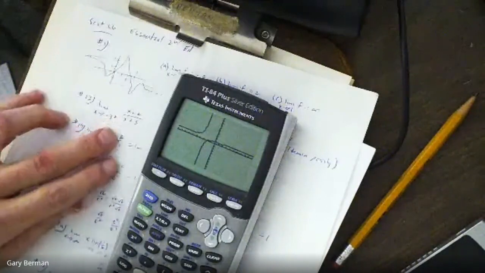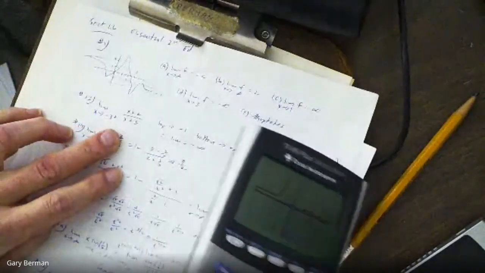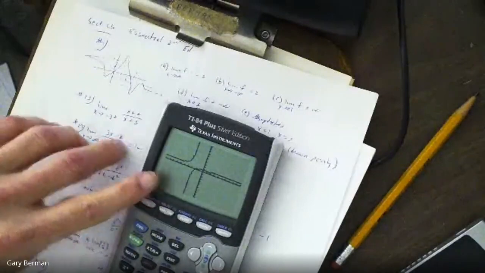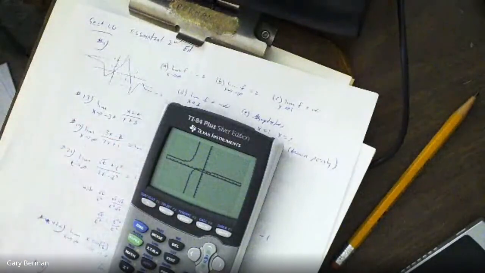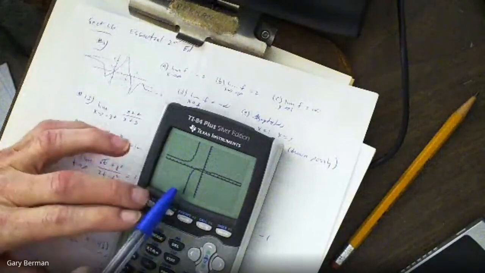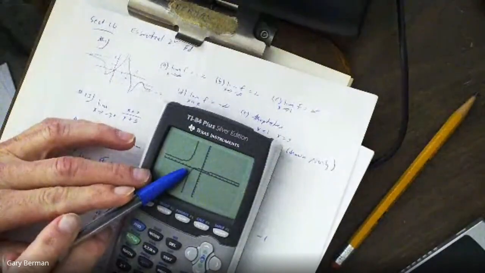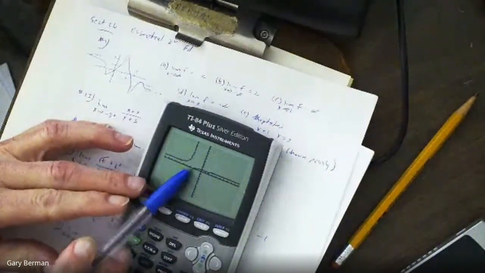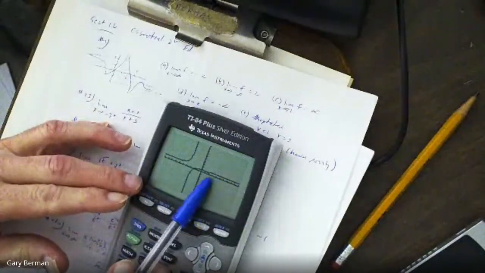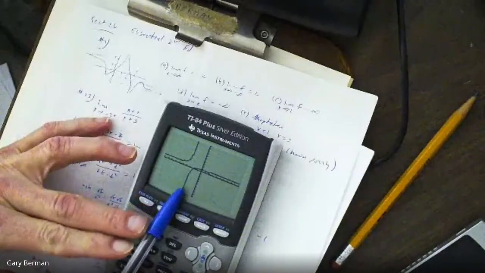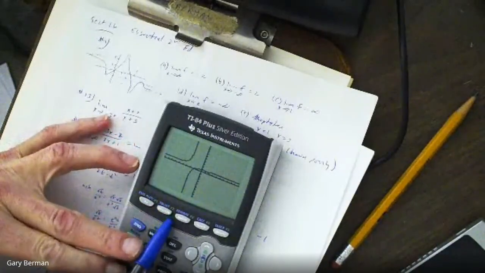x plus 2 over x plus 3. And here's the graph. You look at the graph and you can visually see what's happening. This is where minus 3 is, where my pen is pointing. As I approach minus 3 from the right, you see that I'm heading down to minus infinity.